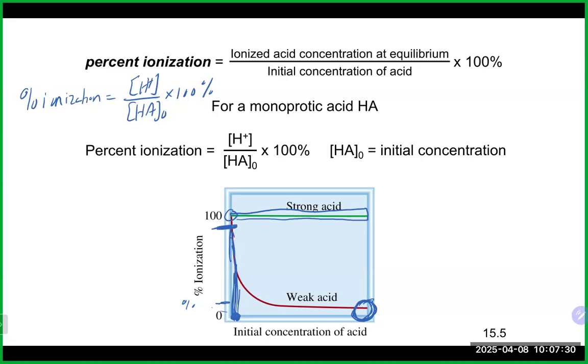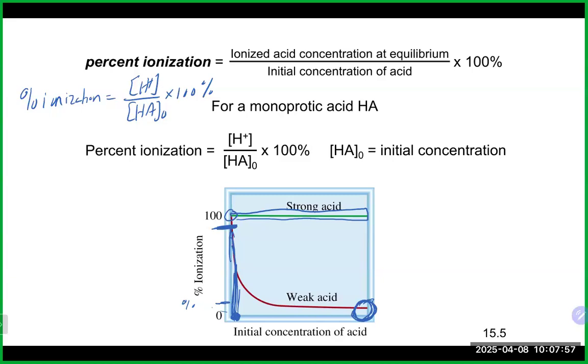That's why, when we have a smaller concentration to start with, like in that example where we had 0.5, the assumption worked, but when we went to 0.05, the assumption did not work. The amount that's lost is significant relative to where you started from. If you have a larger concentration and you lose a little, it's not as significant as if you had a very small concentration to begin with and you lose a little.